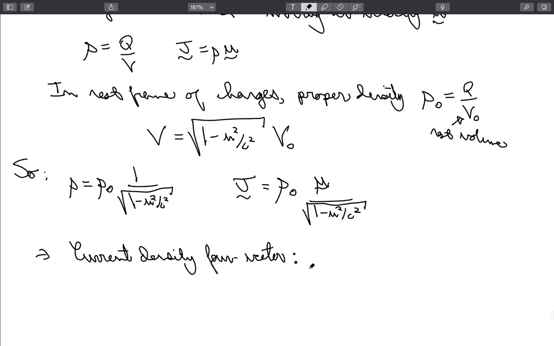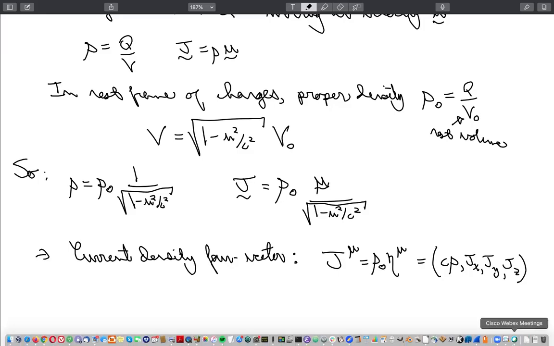This is just defined as follows: J mu is equal to rho 0 eta mu. And this thing, if you want, you can write in components as c times rho, jx, jy, jz.